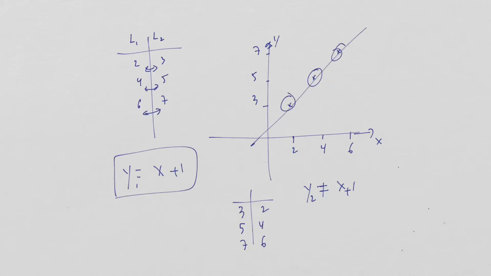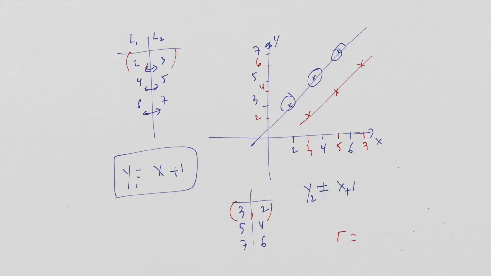I'll do it in red: 3, 2, 5, 4, and 7, 6. The line is different. The scatter plot is different, right? The points are different. 3, 2 is not the same thing as 2, 3. Everything is different except for R.